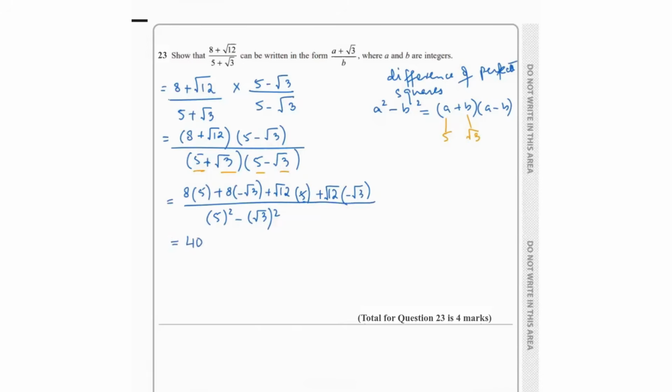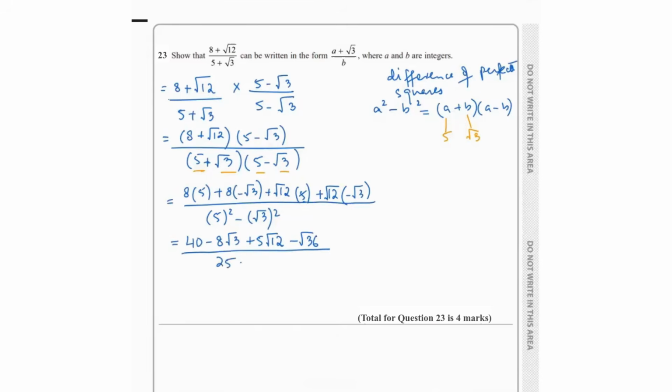That's going to be 40 minus 8 root 3. When you're multiplying a number and a surd, we keep the number outside. We don't multiply it with the term inside the surd. Similarly, 5 times root 12, 5 is outside the surd. But when you multiply two surds, you can multiply the numbers inside the surd. So it's going to be 36. The negative stays outside, so it becomes minus root 36.